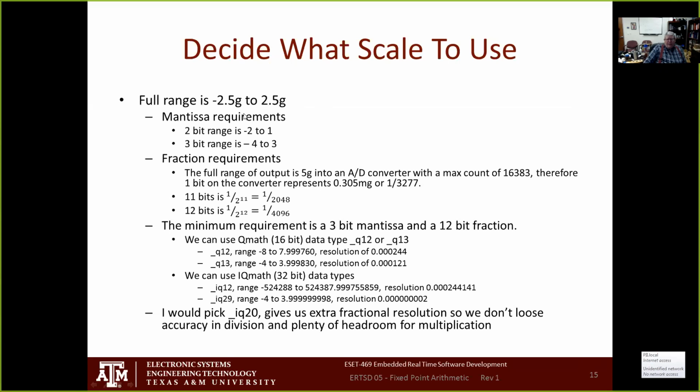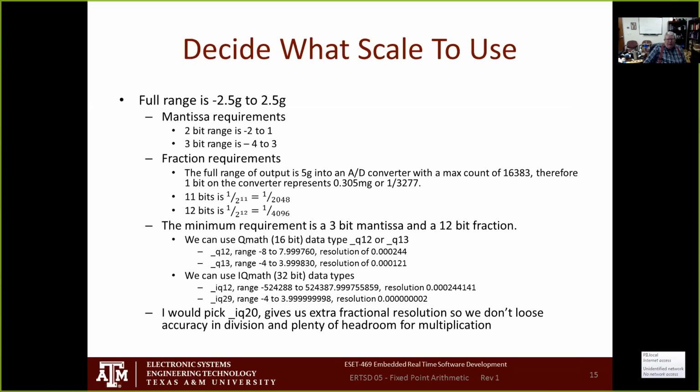So my mantissa needs to be at least 3 bits. Now the full range of output is a total of 5G with an A to D converter that has a maximum count of 16K. What that says is that 1 bit is 0.305 milli-g's.